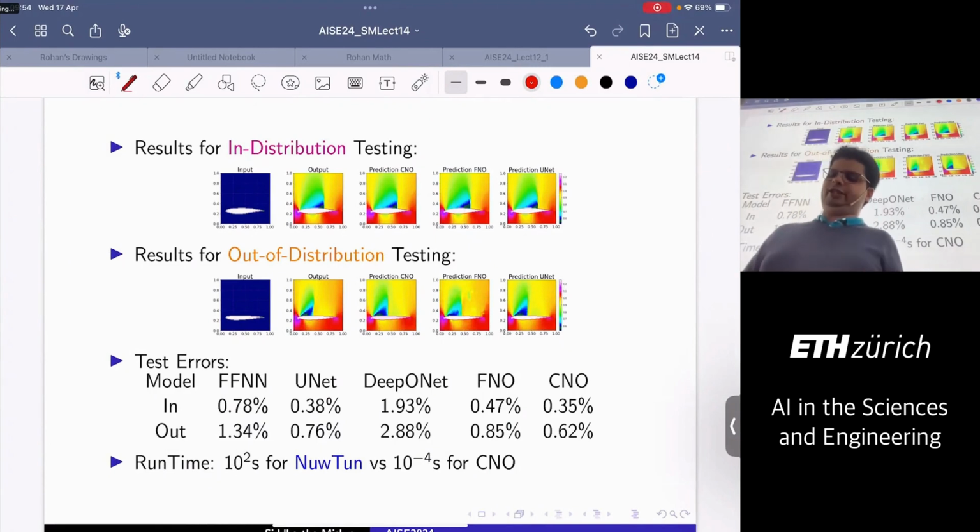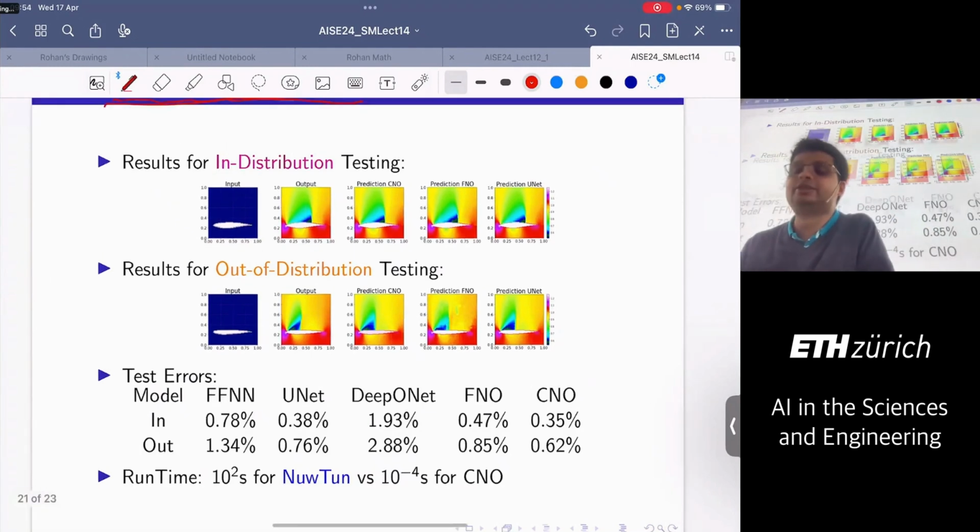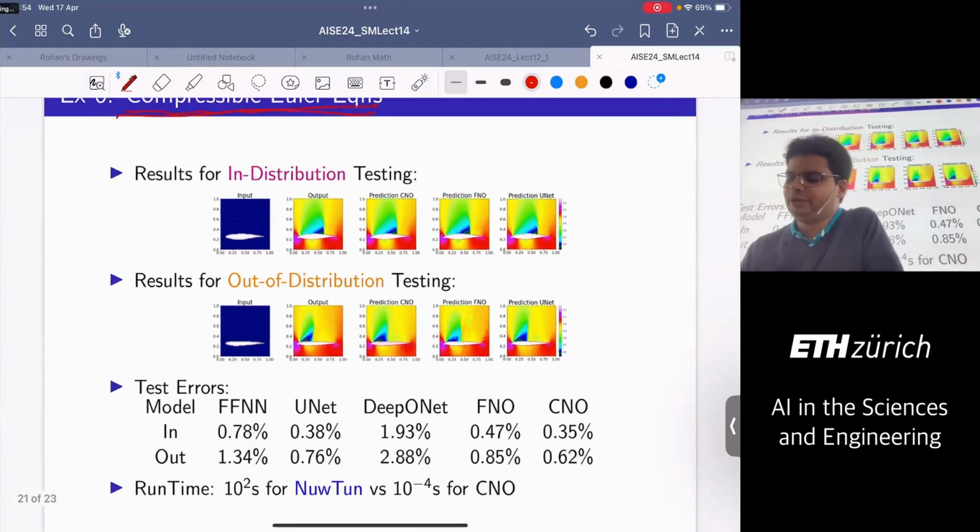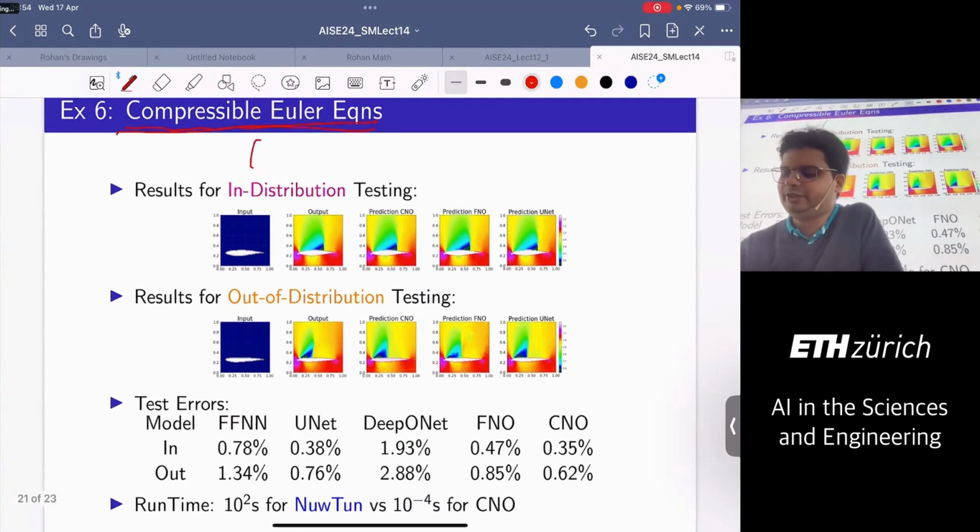So now the difference is in the definition of the operator, okay? Earlier you have seen that the operator was from the initial data to the final time. It was from the forcing term to the final time and so on. And now you can see that this is a slightly different operator, because the operator, roughly speaking, is a mapping from the shape to the flow.